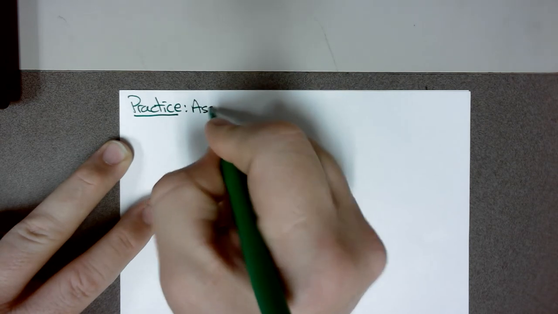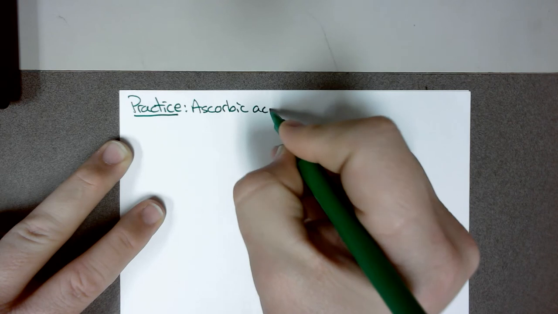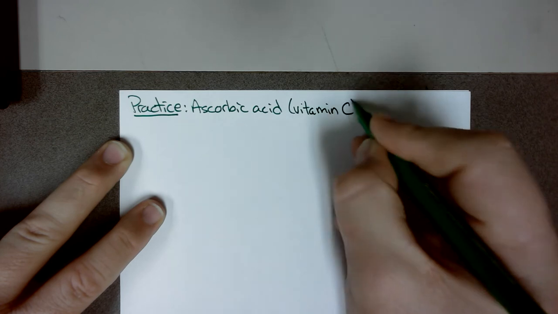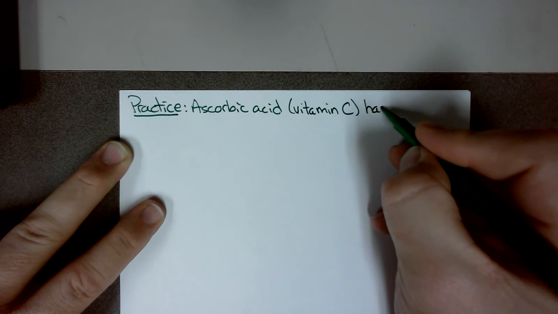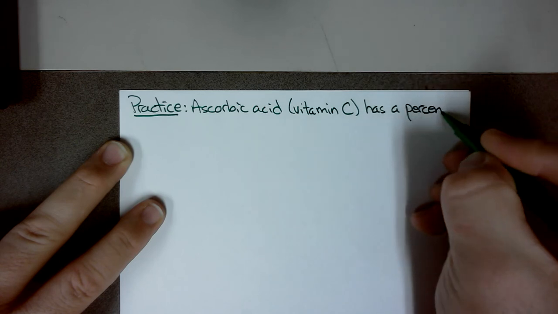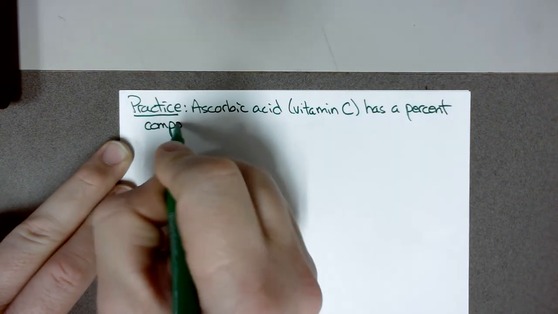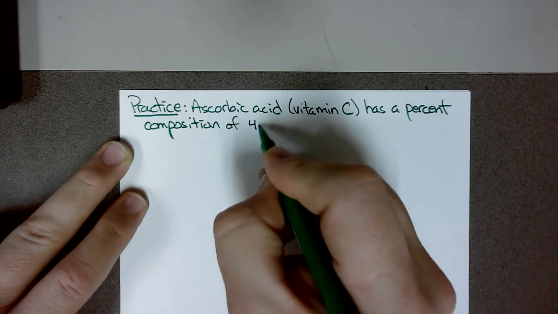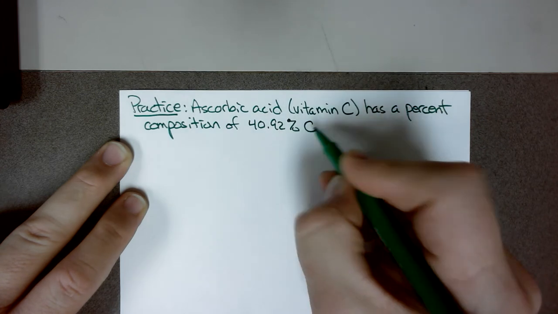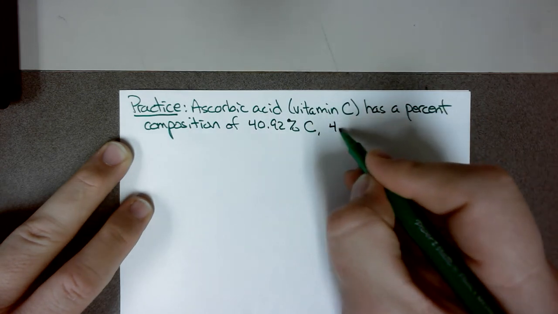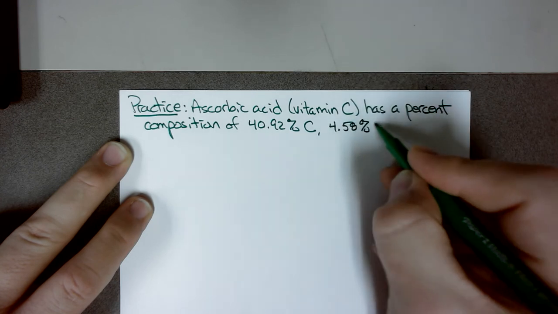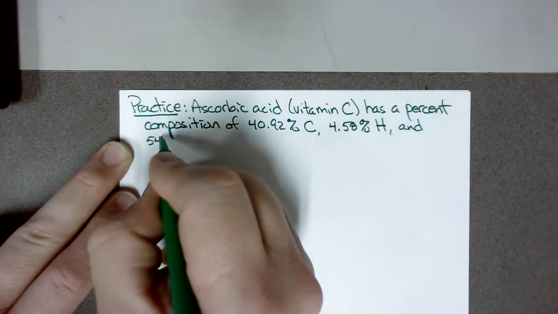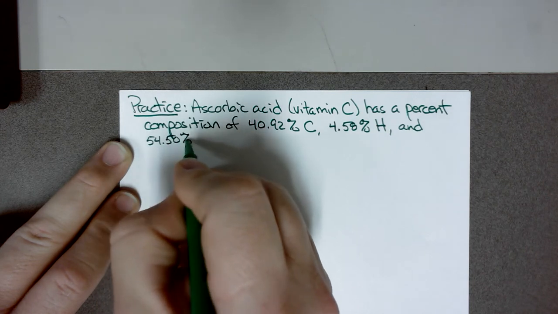Ascorbic acid, which is known as vitamin C, has a percent composition of 40.92% carbon, 4.58% hydrogen, and 54.5% oxygen.